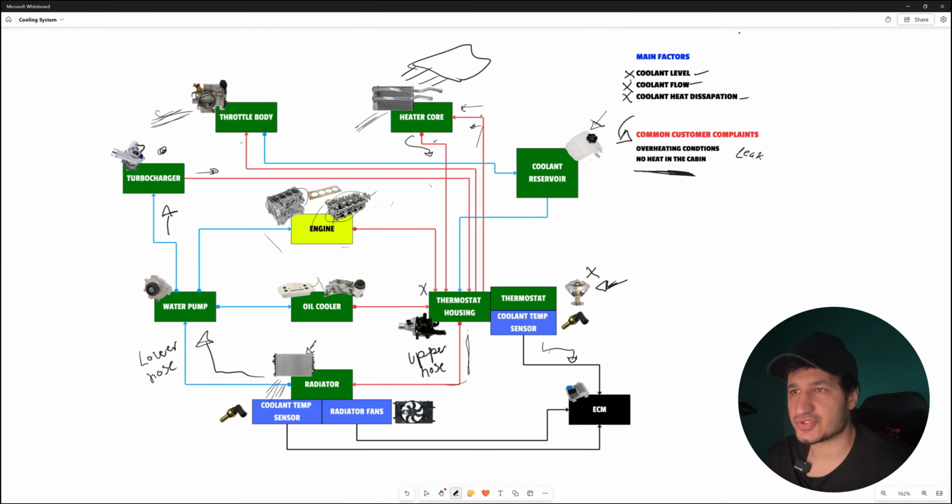So for coolant level, whatever disturbs the coolant level is going to be leaks. Leaks in any of these hoses here, leaks in the oil cooler, leaks in the radiator, water pump, turbocharger cooling lines, any leaks in there will make the level drop, and that's where you'll get an overheating condition, since you don't have enough coolant to cool down all the components that are listed here.